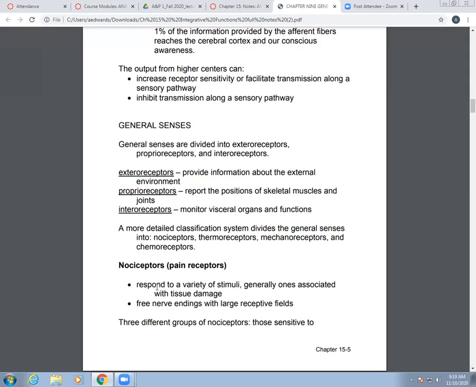So they're going to be able to respond to a variety of stimuli, generally the ones that are associated with tissue damage. So you have free nerve endings, and they have large receptive fields. So they can be receptive to areas of things that are going around them for a good distance.